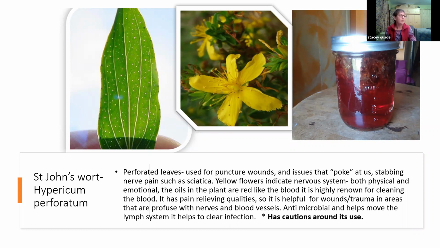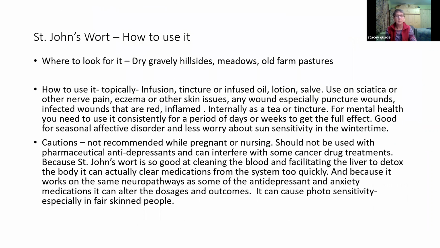You want to look for it in dry, gravelly hillsides, meadows, old farm pastures. You can use it topically, like I was saying, as an infusion, a tincture. We can make it into oils and lotions and salves. It's great for areas with nerve pain.